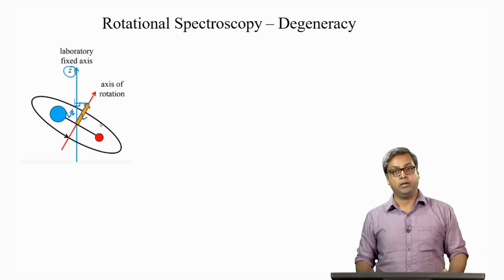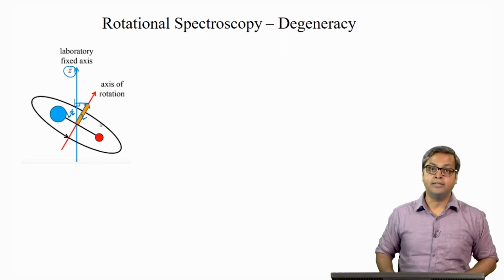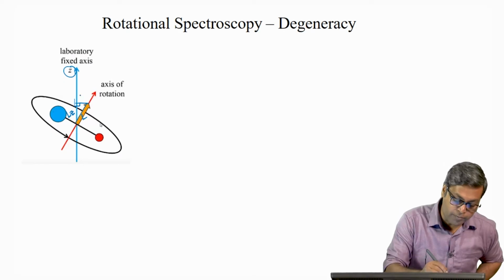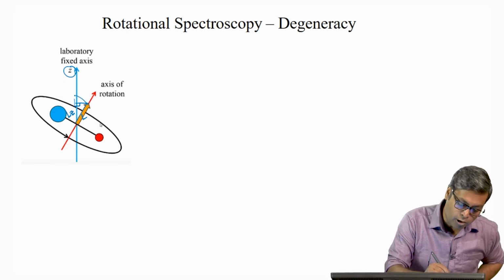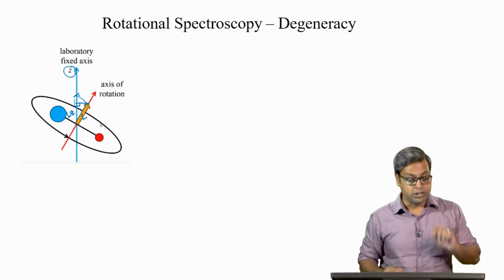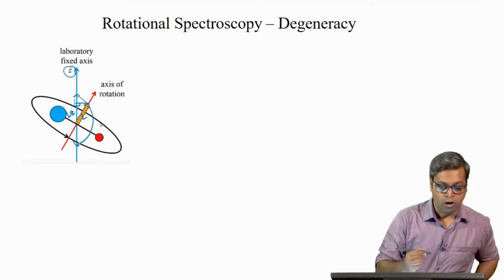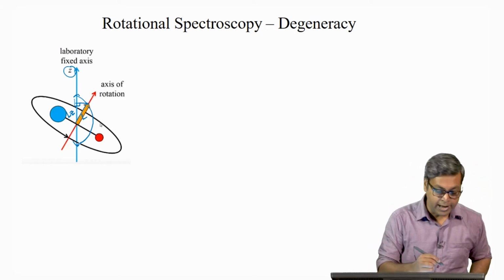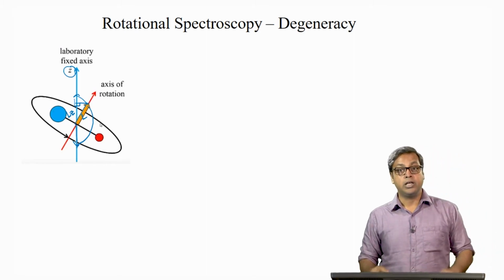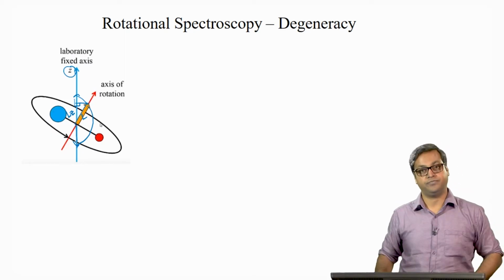Depending on how the molecule is oriented, the value of L z can vary anywhere from the actual magnitude of L, the angular momentum, in the positive direction to the actual magnitude of angular momentum L in the negative direction, if we rotate the diatomic molecule all the way around.